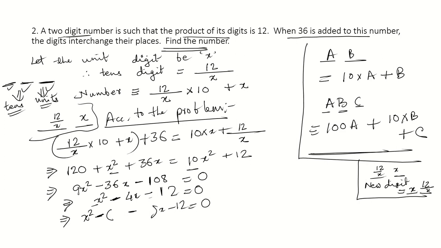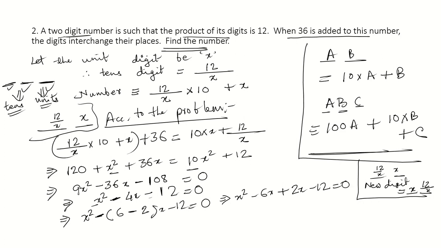So 12 times the 1 in front of x squared gives us 12. So what are the factors of 12? 6 cross 2 is a factor of 12, so we can write 6 minus 2, which gives us 4. So we can factorize the expression well. If we write 4 as 6 minus 2, we get x squared minus 6x plus 2x minus 12 equals 0.